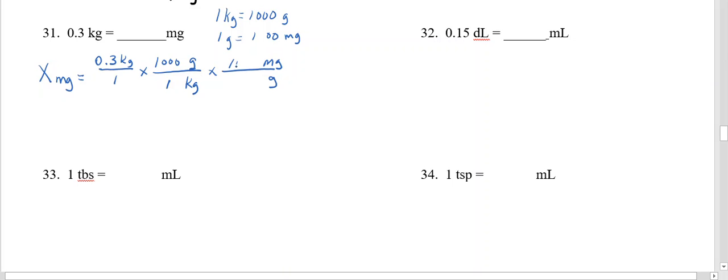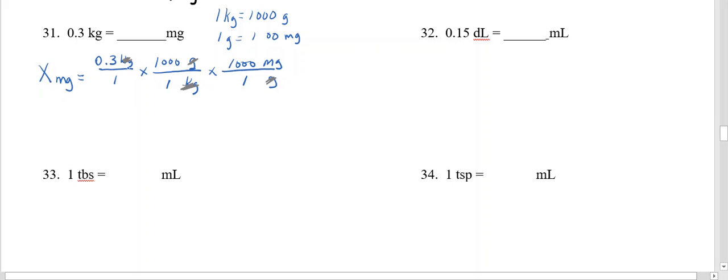So 1,000 milligrams is 1 gram, or 1 gram is 1,000 milligrams. So we're going to be sure and cancel our units of measure. Kilograms cancels kilograms. Grams cancels grams.